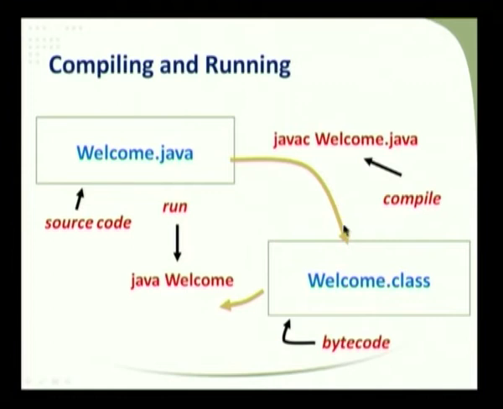After compilation, I already told you that you will have a file called Welcome.class. This is nothing but bytecode. Then I can run this class file by giving the statement java Welcome. So this is your source code, this is your bytecode, and for running I am using java Welcome, whereas for compiling I am using javac Welcome.java.